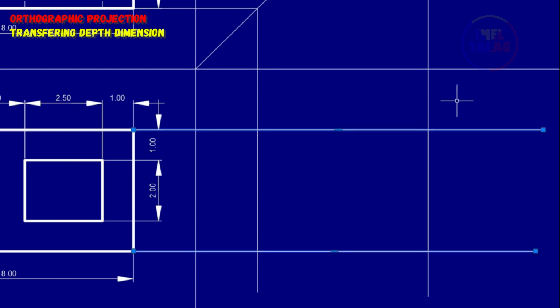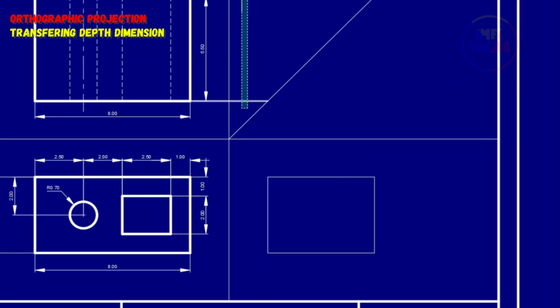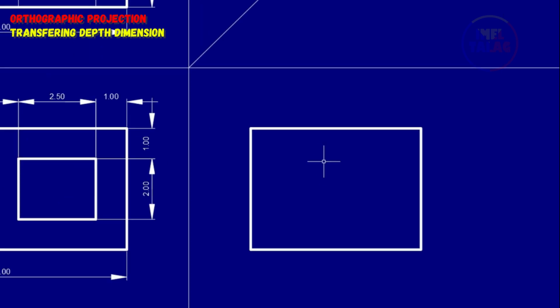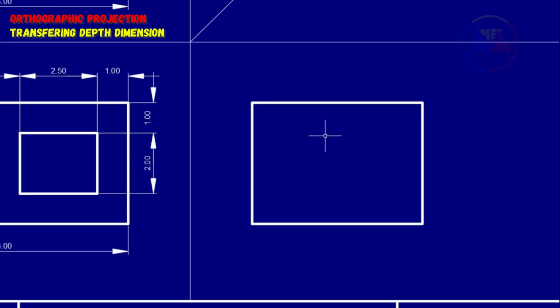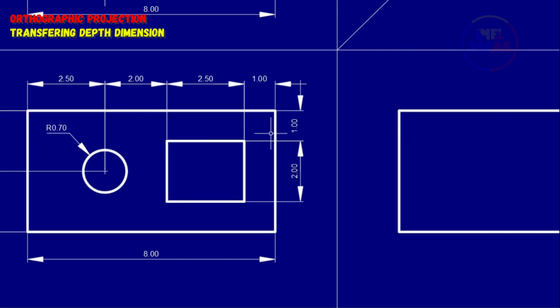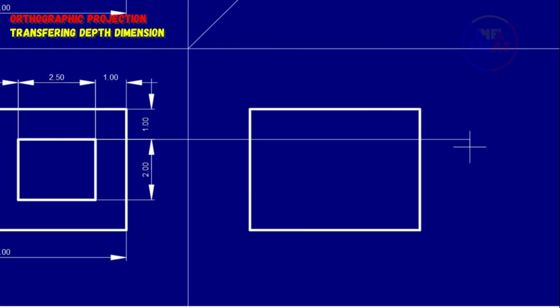Okay, after that, i-erase na natin yung mga projectors na ginamit natin. And then darken natin, or in manual drafting, itakpe natin yung object, okay, yung view of the object. Okay, after that ay i-project naman natin yung mga features na to. Okay, unahin natin yung rectangular shape.